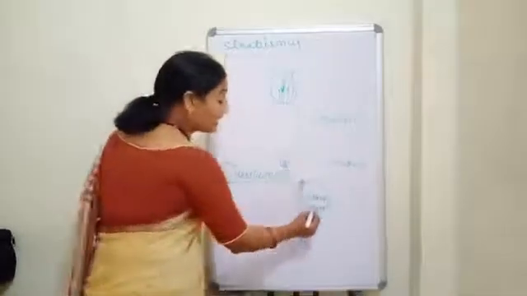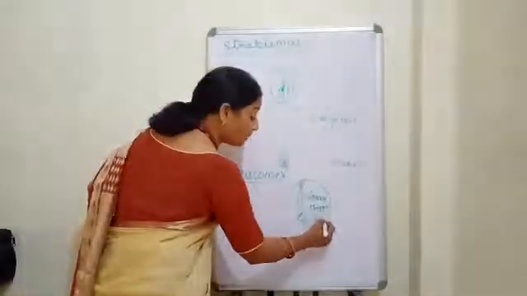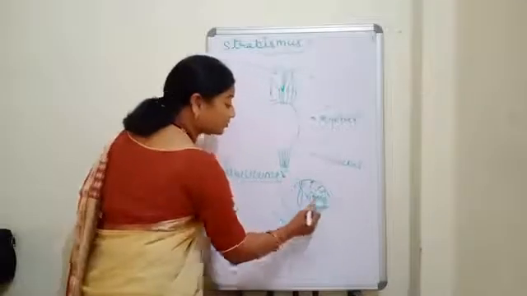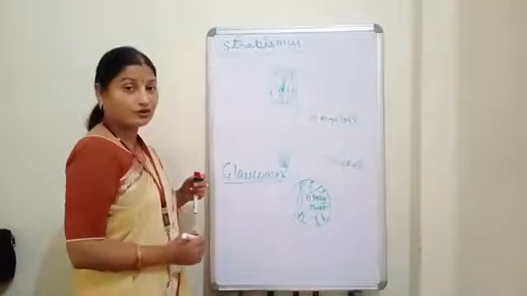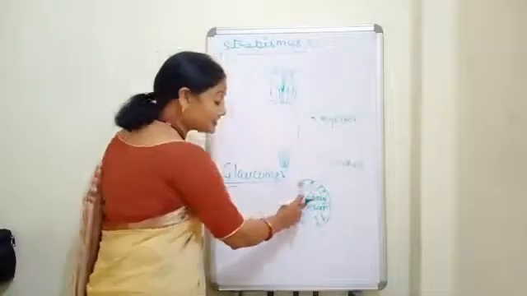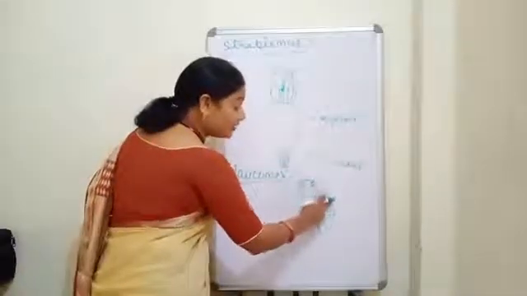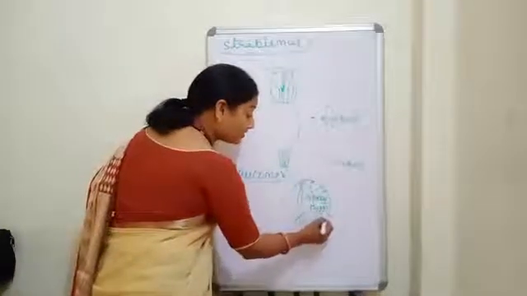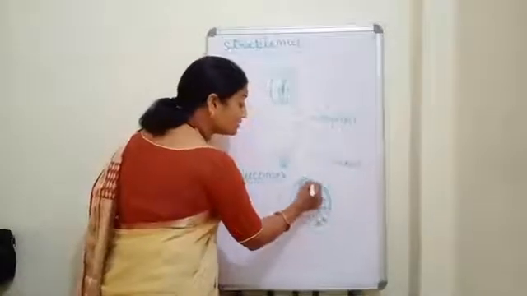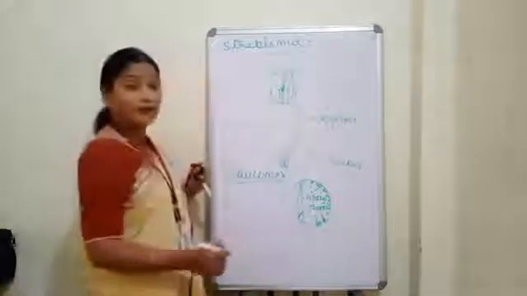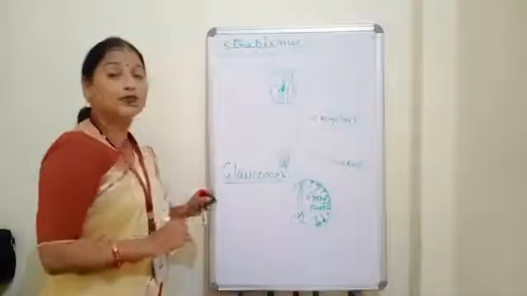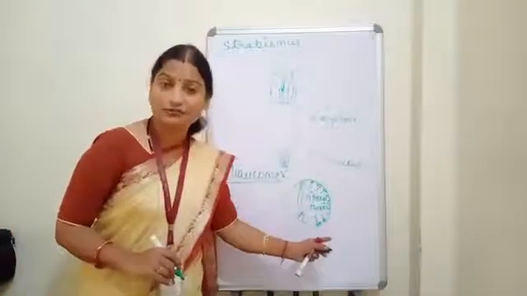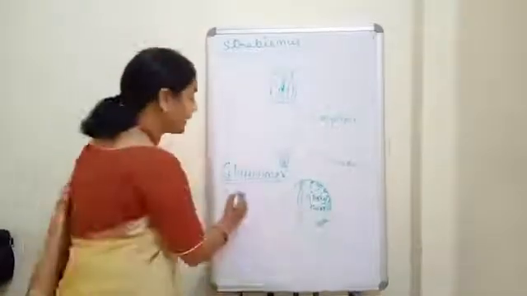The eye has to bear a lot of pressure because of the excess secretion of the vitreous humor. This excess secretion will increase the pressure on the eyeball, on the retina, and the rod cells and the cone cells which are present here will all get damaged because of the pressure, and this can also lead to blindness.